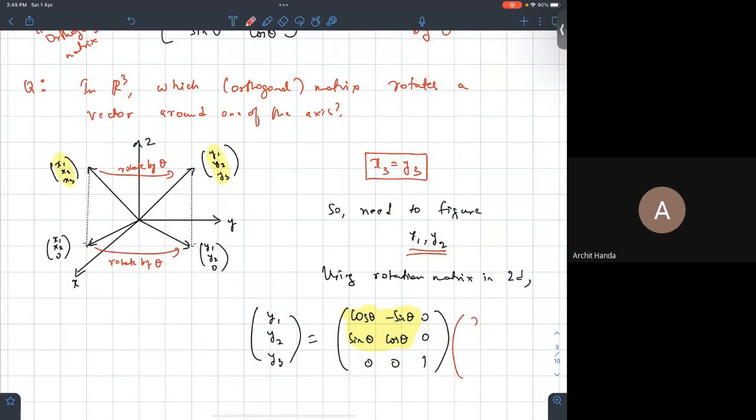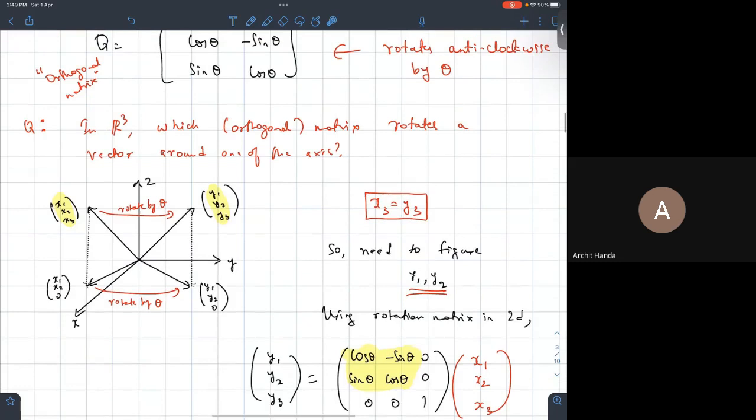So the third coordinate is going to remain the same. So I need to write x1, x2, x3. And for x1, x2, I can apply this smaller matrix to rotate and I'll get y1, y2. This is the same matrix that was worked out here.